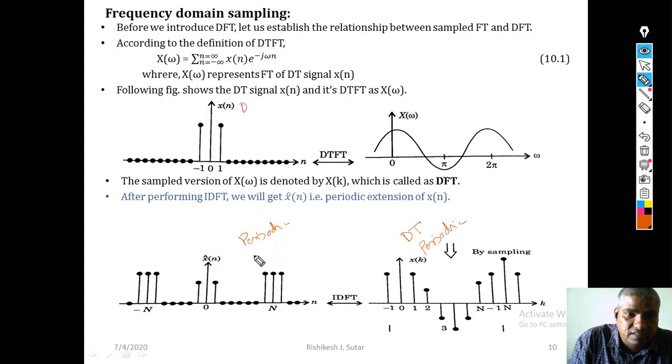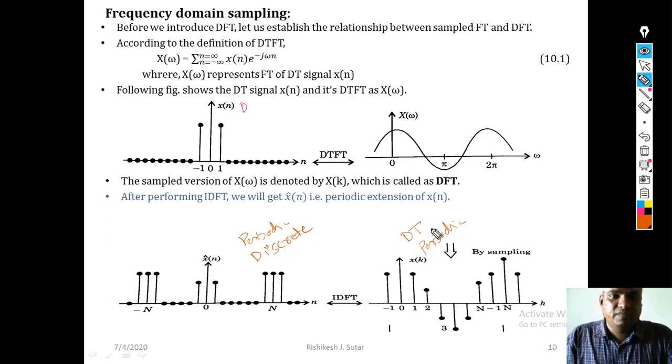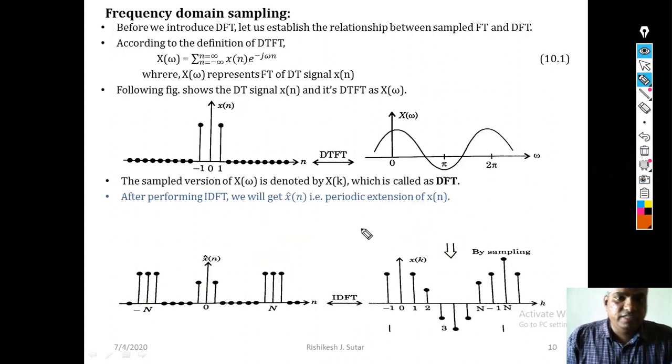So that is the relation between these two transformations.